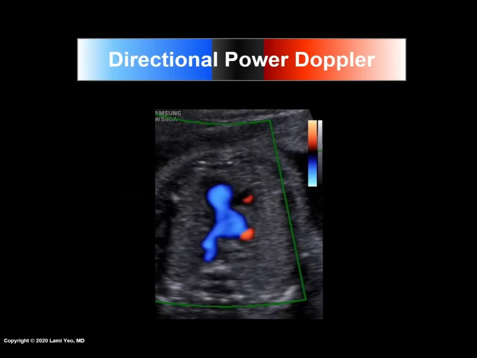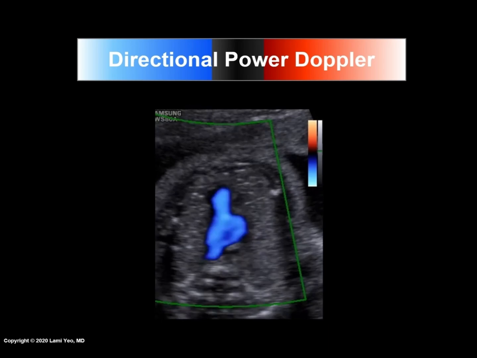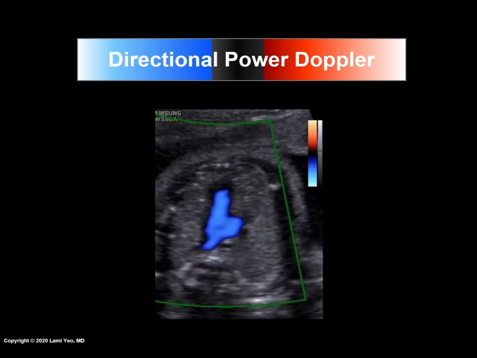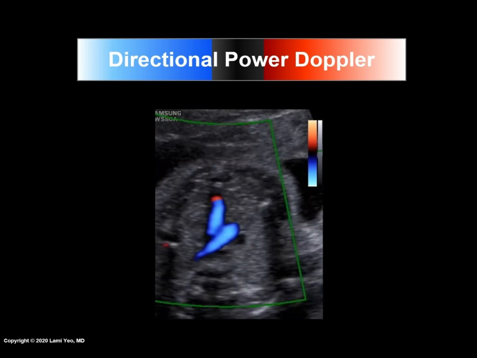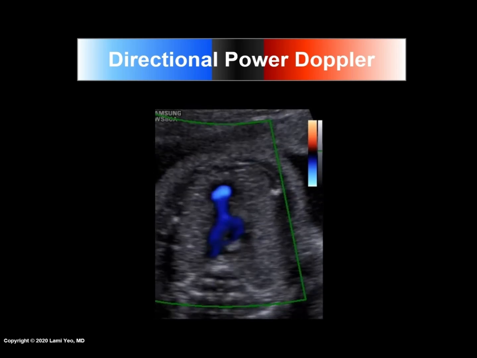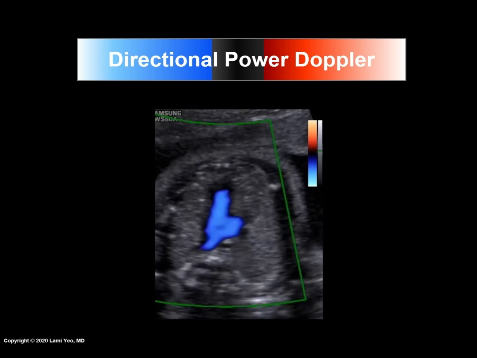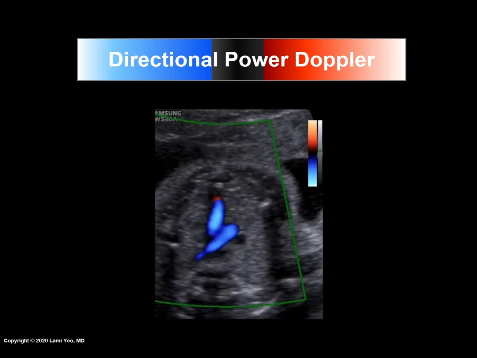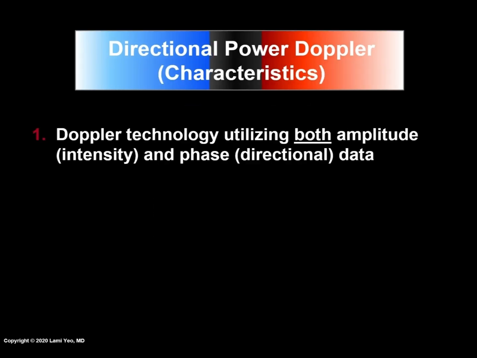Now let's review the characteristics of directional power Doppler, which is being applied here to the fetal 3 vessels and trachea view. In general, the same fundamental principles as those for color Doppler apply. Directional power Doppler is a modern technology that utilizes both amplitude, intensity, and phase directional data to ensure vascular documentation.